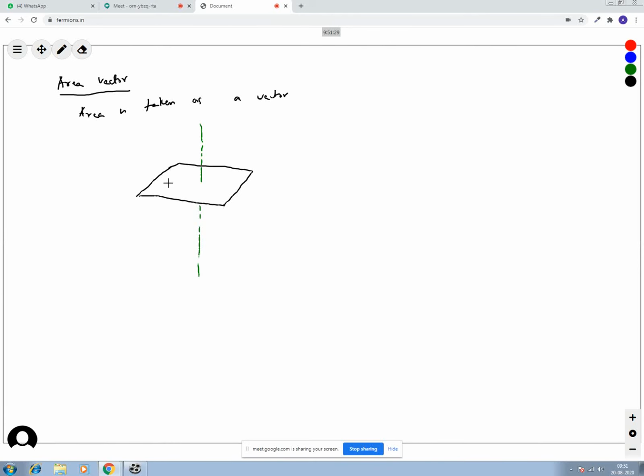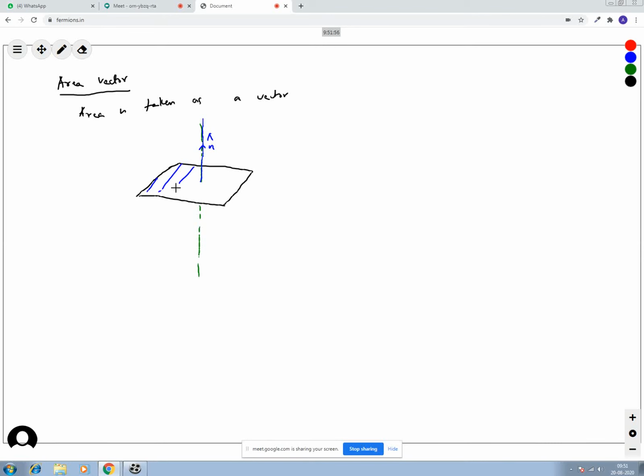So we consider it as a vector. Every vector must have a direction and magnitude. The direction of the area vector is given by the normal to the surface. If I draw a normal, this n cap is the direction of the area vector.